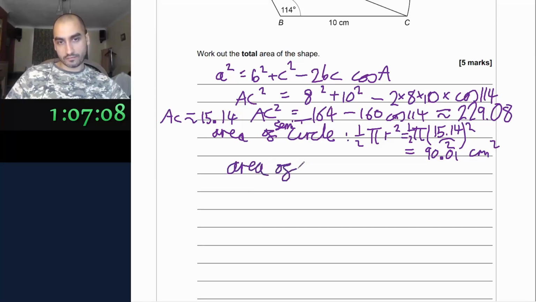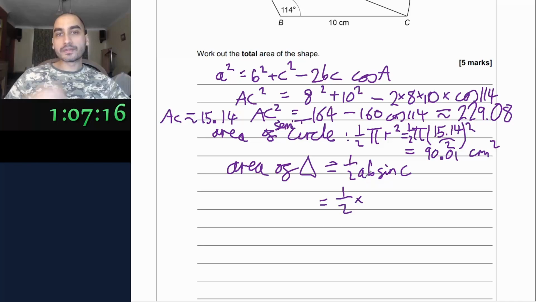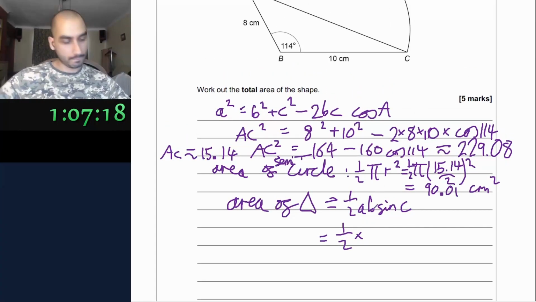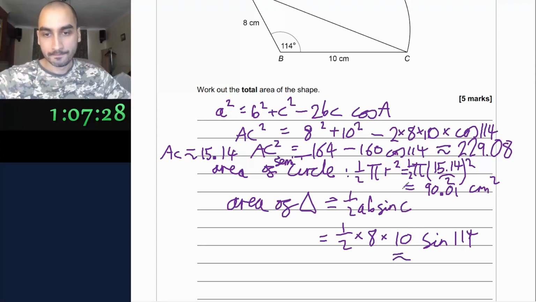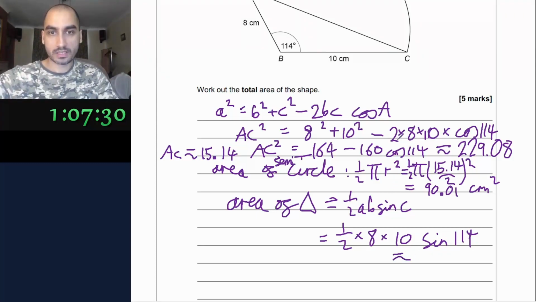Area of triangle equals half AB sine C equals half times 8 times 10 sine 114.